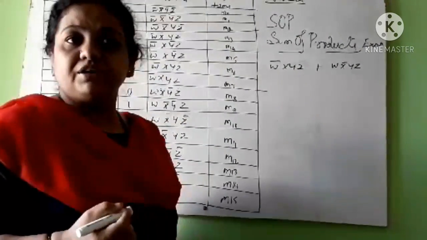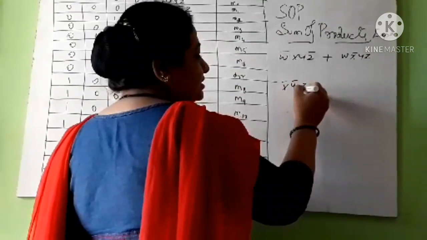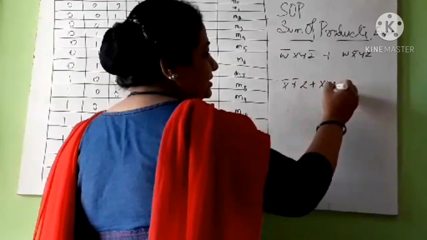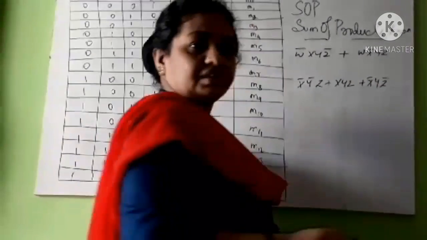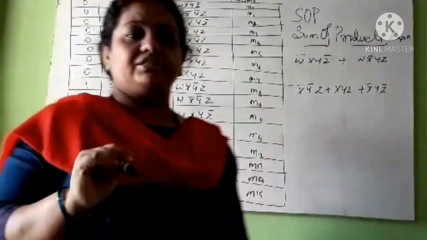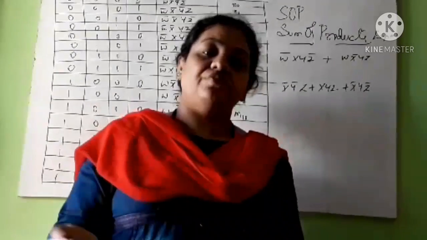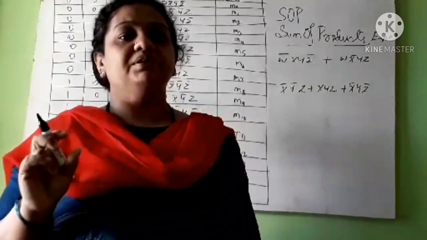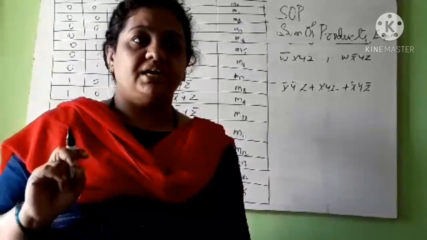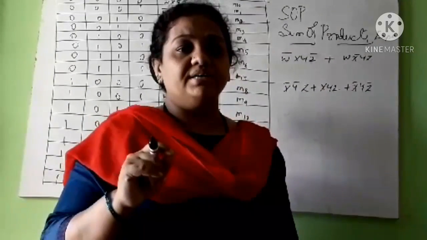For 3 variables, say x bar y bar z plus x y z plus x bar y z bar. This is a SOP expression. As we know, a minterm is a product of all literals. When we combine more than one minterm, a SOP expression, that is a sum of products expression, comes.